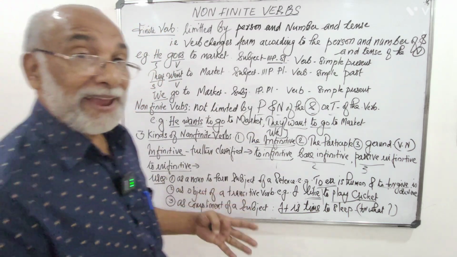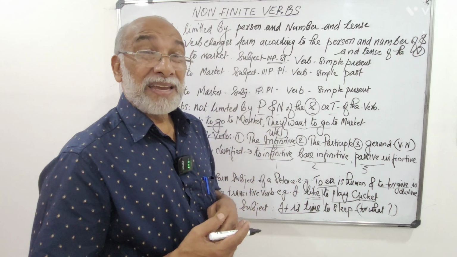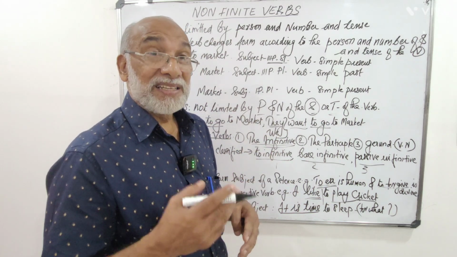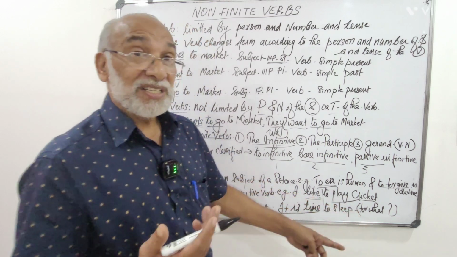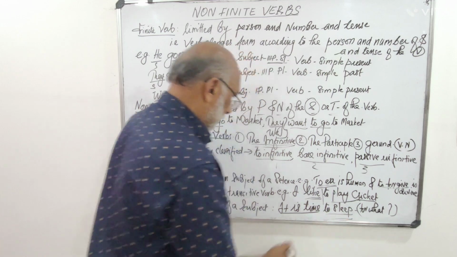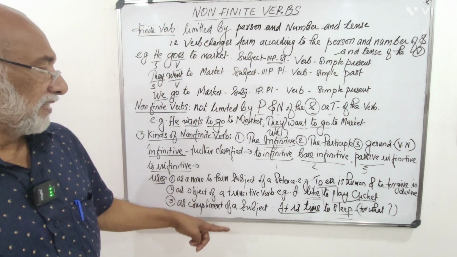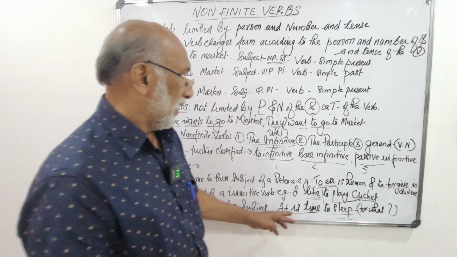If I say it is time, it's incomplete, isn't it? Time for what? Automatically the question comes. So it is time to sleep. For what? To sleep. So this to sleep, again, to infinitive, is used as the complement of the subject.